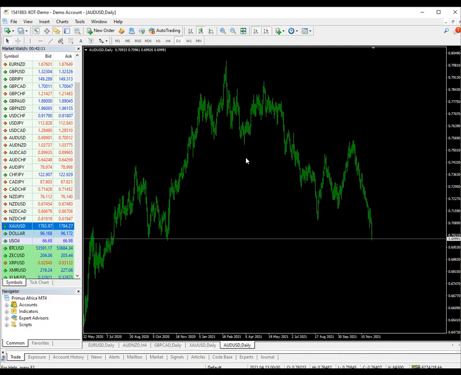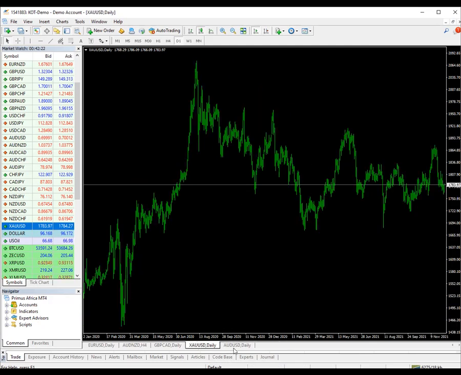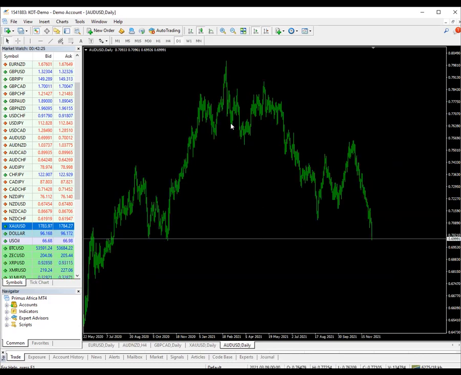So that is to say that AUD USD correlates with gold 80%. If it is 100% correlation, then you see the charts being the same. But here, because it is 80%, it means when gold is falling, AUD USD will also fall. When gold price is rising, AUD USD will also rise. Is that okay?